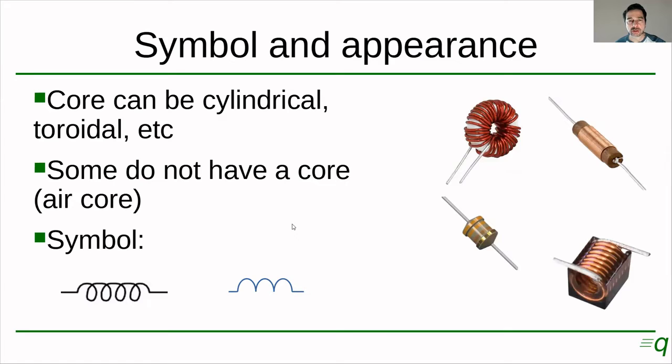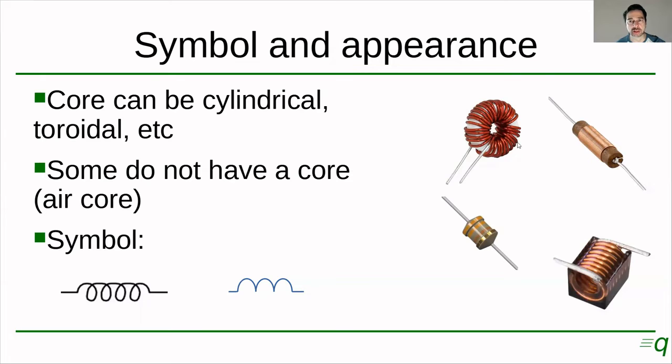Okay, so what does an inductor look like? This is what they look like. As you can see, there are different variants of the coiled wire, right? So we have a cylindrical core here and a very thin wire around it. This thing is called a toroidal core, right?